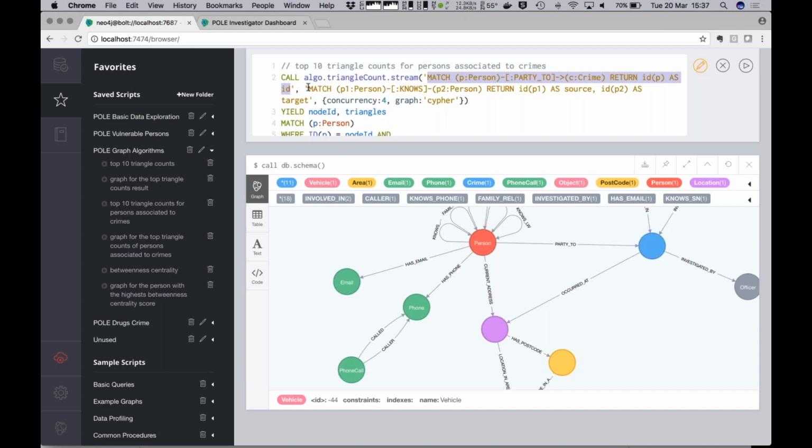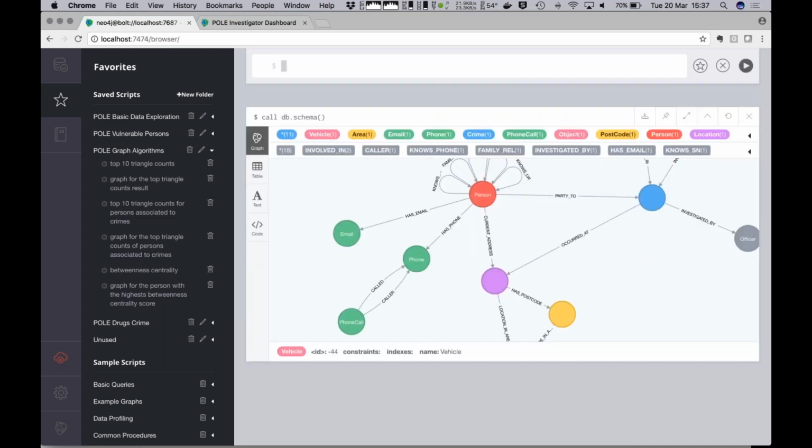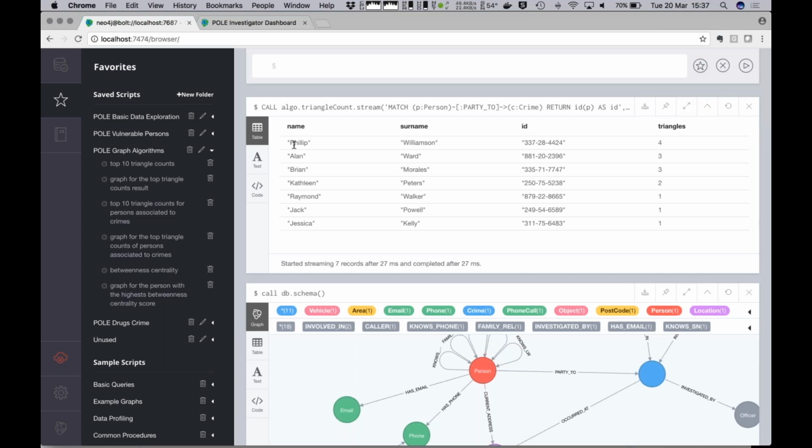So we're not looking at the whole graph, we're looking at a subgraph and looking for triangles of people who all have committed crimes potentially together. Okay. And here we can see Philip Williamson is part of 4 triangles where each of the people in all of those triangles is somehow related to a crime. And then there's Alan Ward, who's 3, and so on.